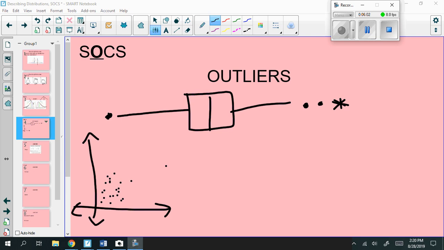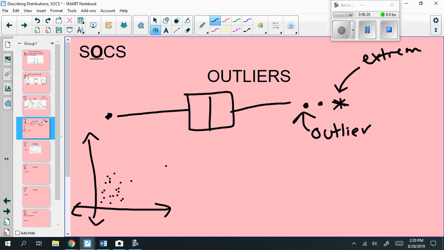So visually, there's a few ways that we're going to see outliers. On a box plot, they either appear as this solid dot, and that's just an outlier, or they're this asterisk, which we won't dive into so much in this class, but this is an extreme outlier.